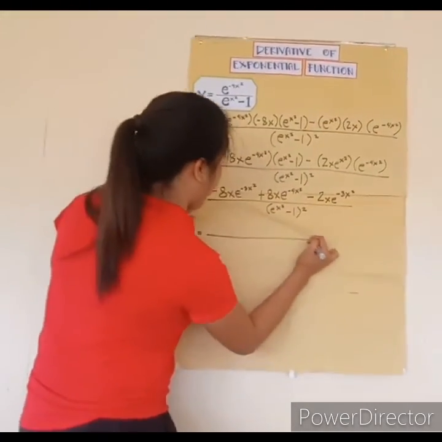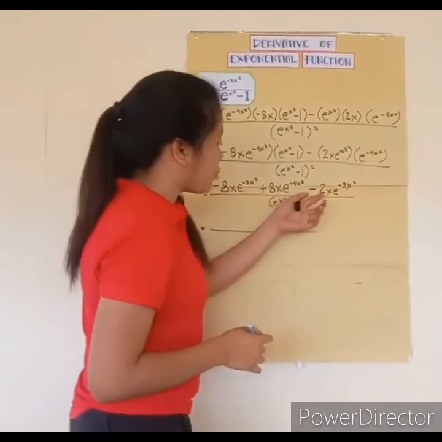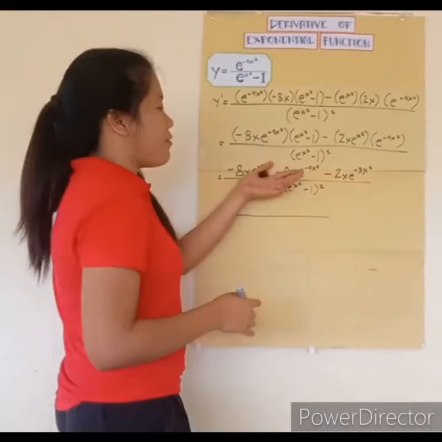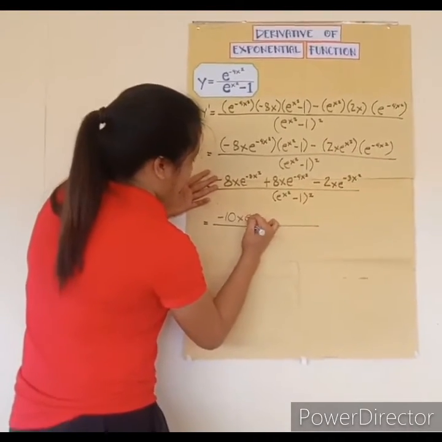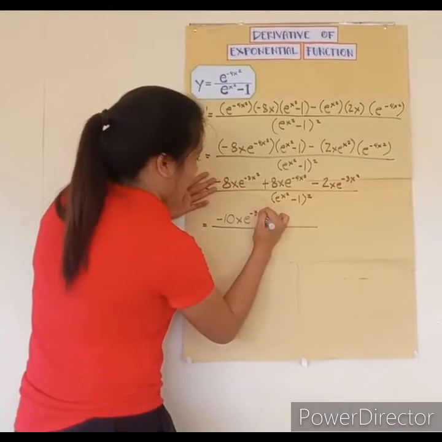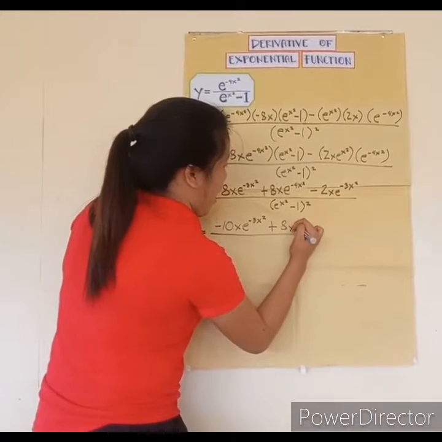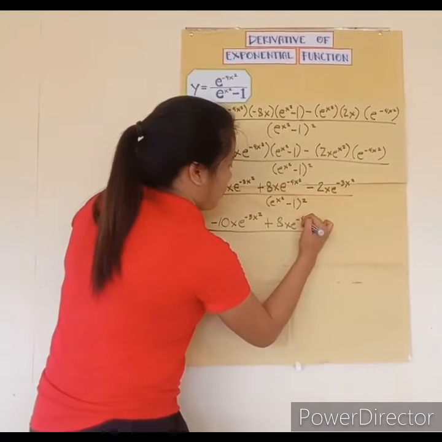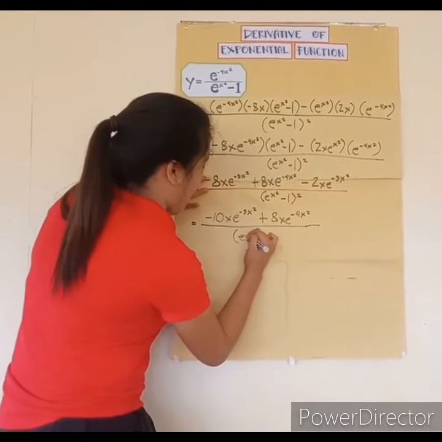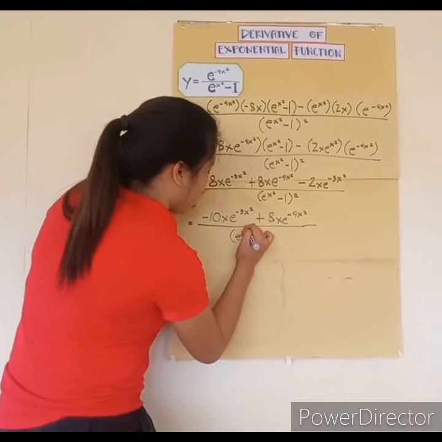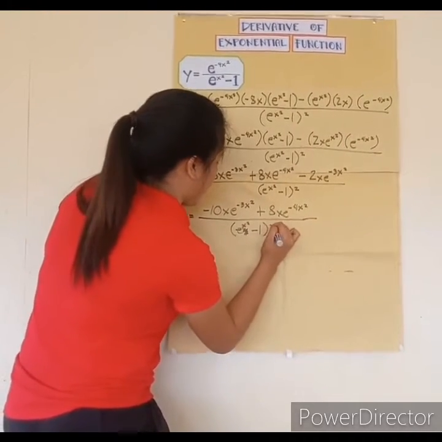So, negative 8x e to the power of negative 3x squared minus 2x e to the power of negative 3x squared will become negative 10x e to the power of negative 3x squared plus 8x e to the power of negative 4x squared over (e to the power of x squared minus 1) quantity squared.